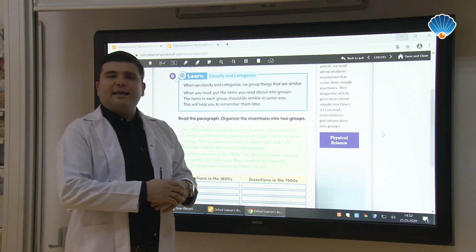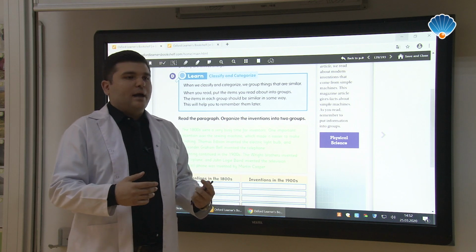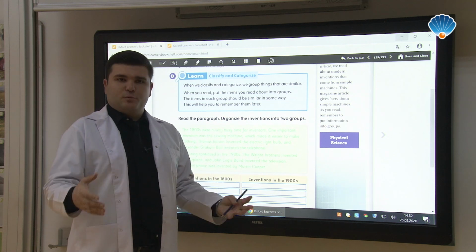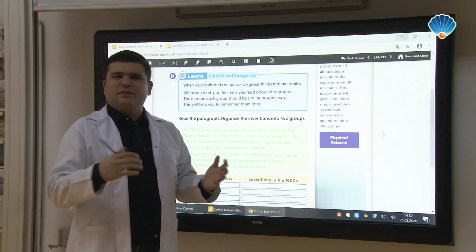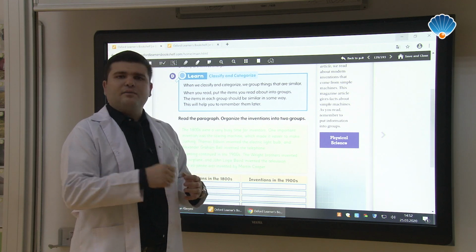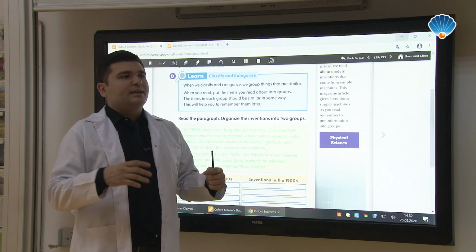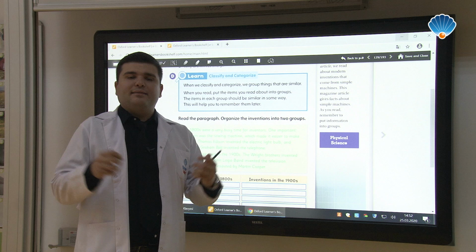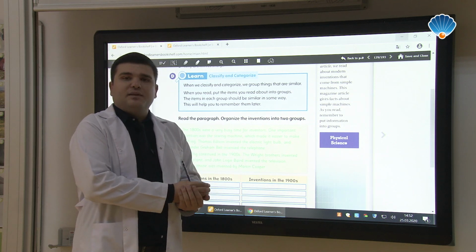So when you are reading a paragraph or a text, you put the specific things into the groups. There are lots of different groups, as I said before. But in these units, we just talk about the inventions. Okay, we can put the inventions like when did they invent this invention.